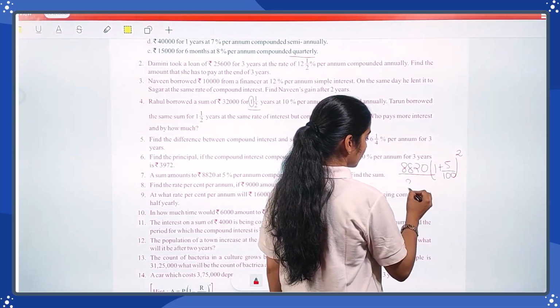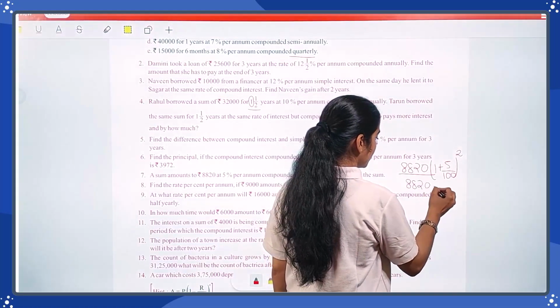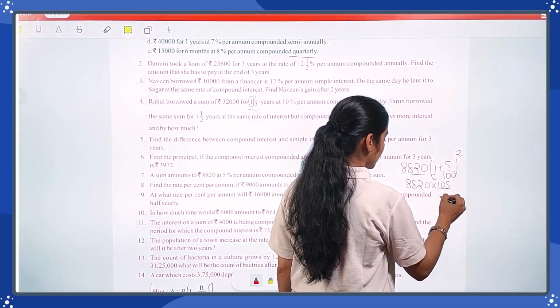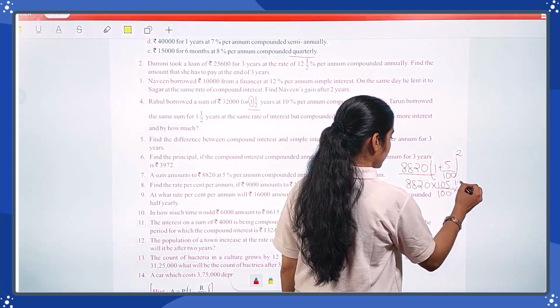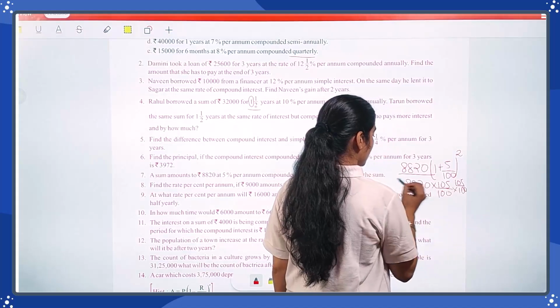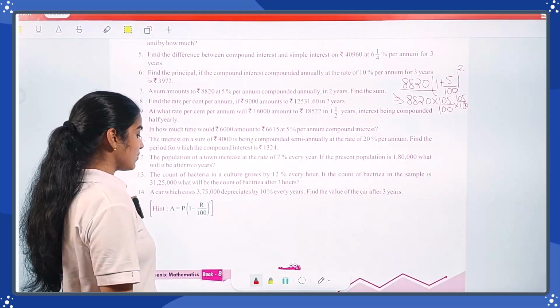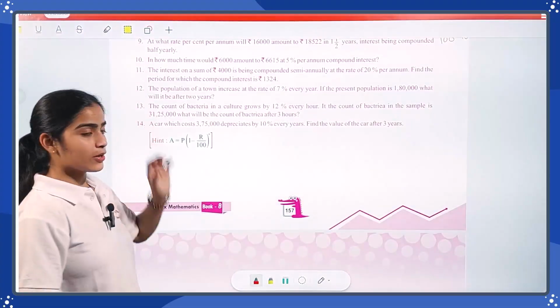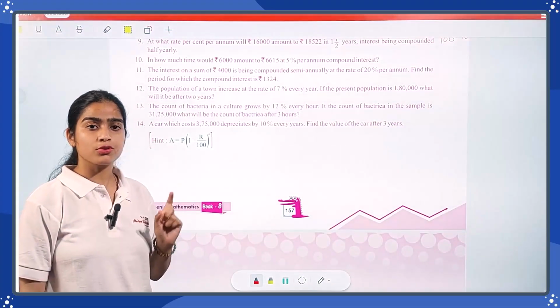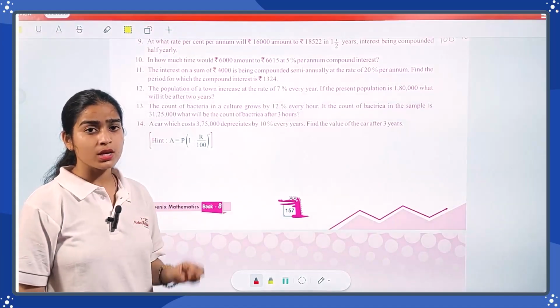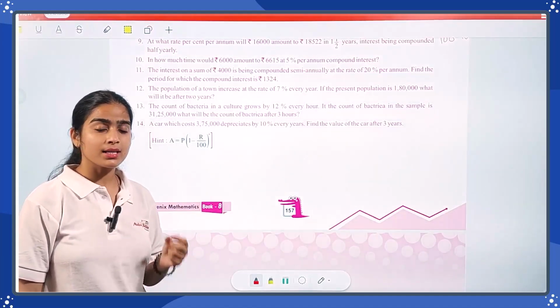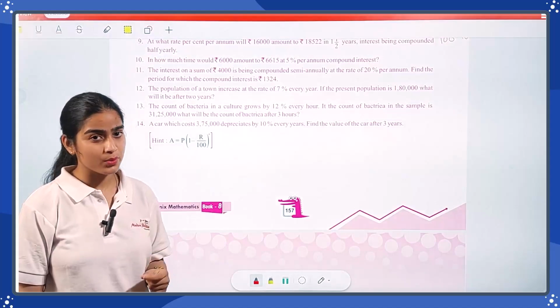So you have to calculate 8,820 multiplied by 105 upon 100 and 105 upon 100. You have to solve this and then you get your answer. In the same way you have to solve the rest of the questions. I hope you understood how to use the formula and put the values. If you have any doubt, my same advice: go through the examples first and then come back to your exercise.